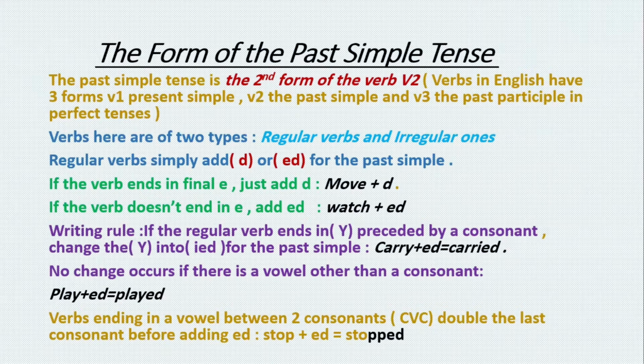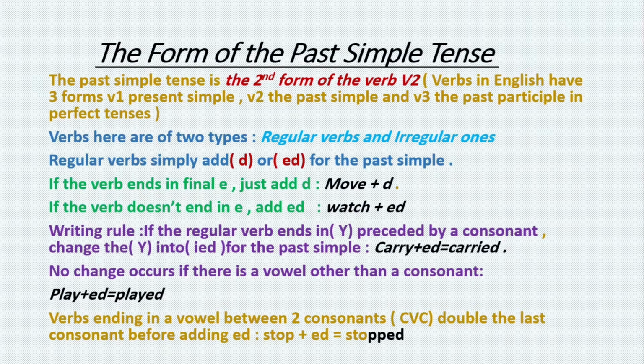Regular verbs simply add ed or d for the second form, or for the past simple. We add only a final d as a suffix if the base form of the verb ends in the letter e, like when we say move, moved. With a final e, just add d and cancel the e of the ed.